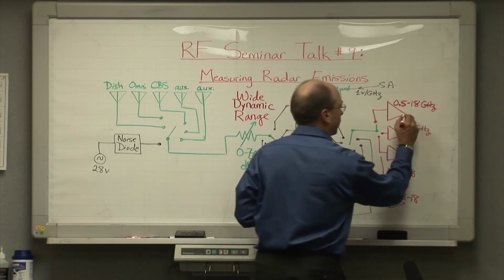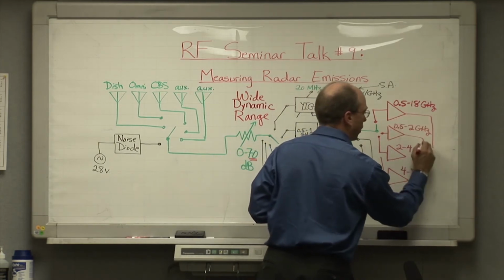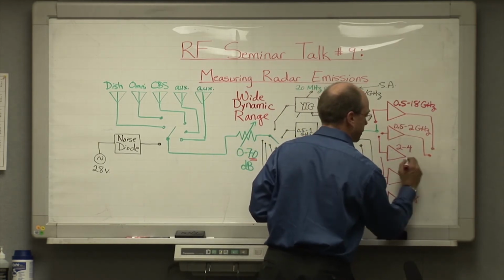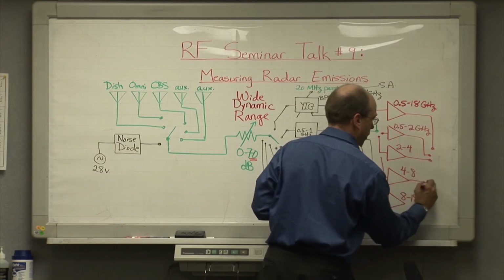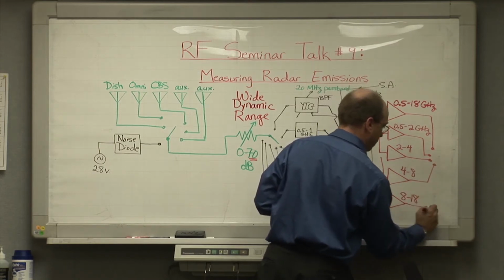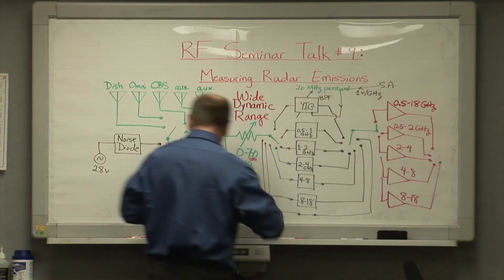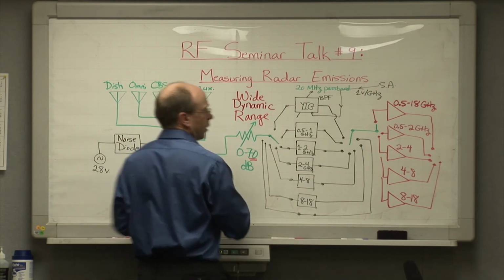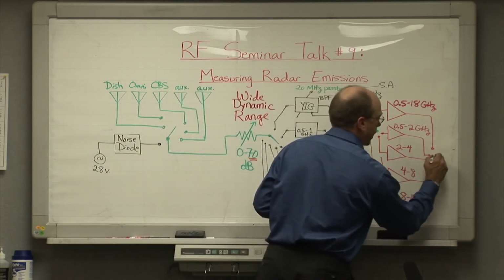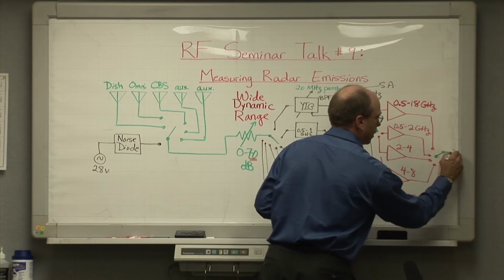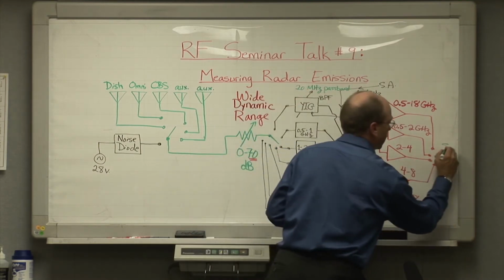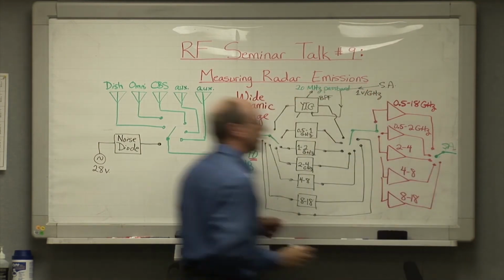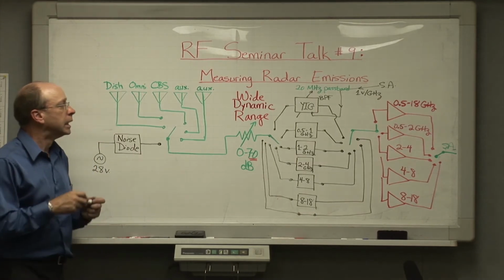And then coming out of the amplifiers, we go through one last switch, like so. And the one last switch takes us out of the box and on to the rest of the measurement system, the spectrum analyzer in this case.